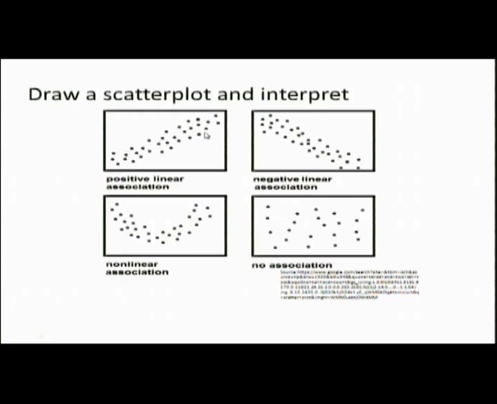This shows that as the values of x increase, values of y also increase. So, this point has low values of x and also low values of y. This point has high values of x and also high values of y. This point has still higher value of x and a higher value of y.